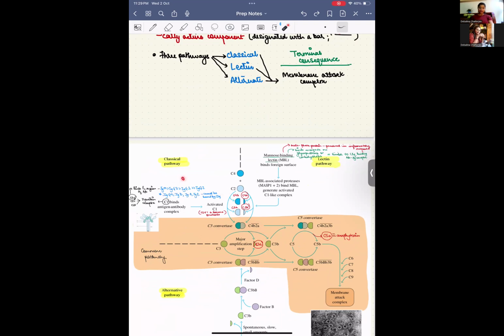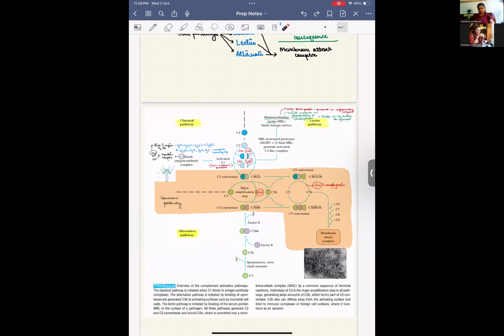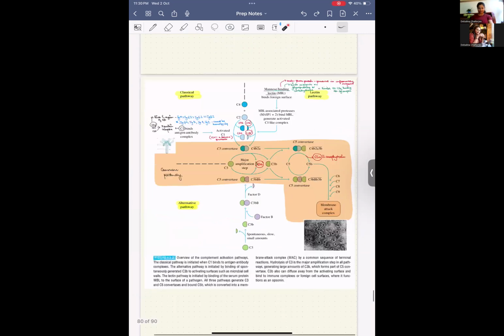It's just that over here we had antigen antibody molecules being bound by C1 proteins, but in the lectin pathway, we have the involvement of mannose binding lectins that associate with other proteases to bring about the cleavage of the same set of complement proteins, and just this much is different. The initiation molecule is different. All the other things that follow in line from classical and lectin pathways are just the same.